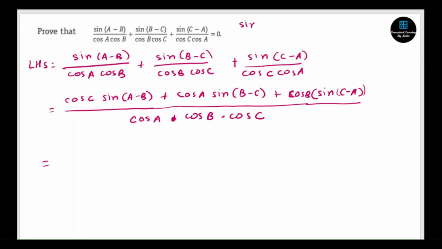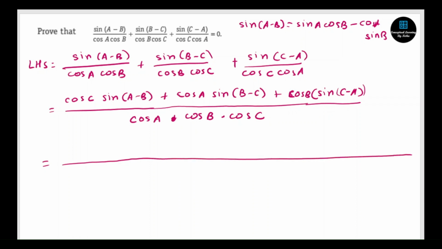Let me just remind you: sin(A-B) is equal to sin A cos B minus cos A sin B. We know this, so I'll apply that formula and write the numerator accordingly, while the denominator remains as it is.